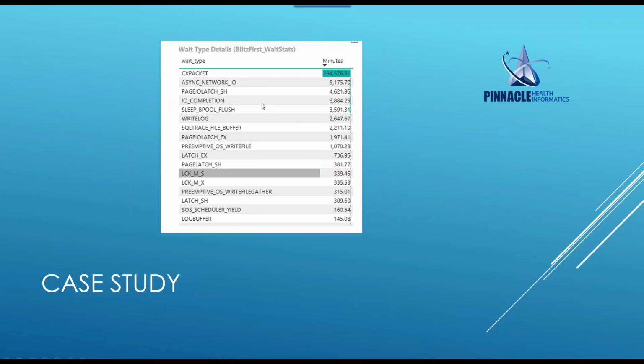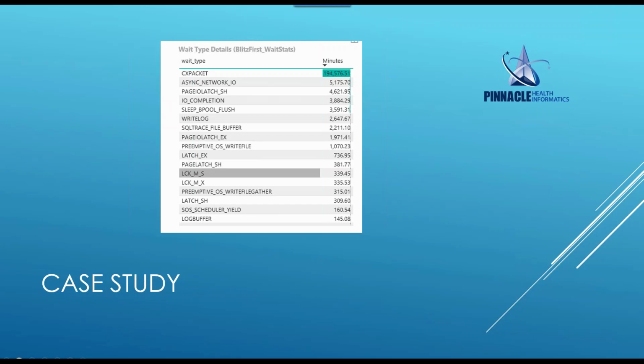Things like I/O completion, 3,000 minutes of wait time. That does sound like things aren't getting through the system. So that's one view. We can look at these over the course of the last several days. And on this source system, I captured all these statistics prior to any remediation that we did on this server.